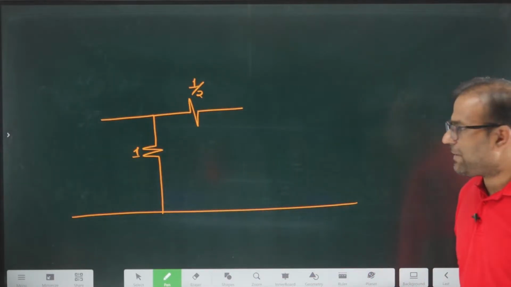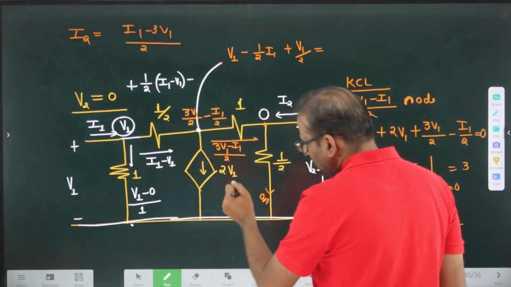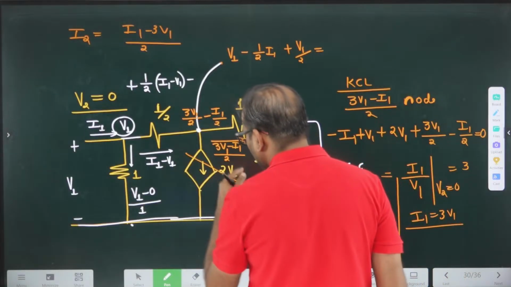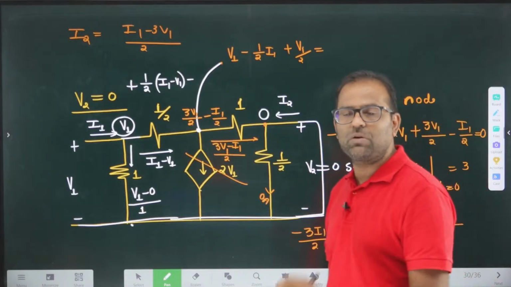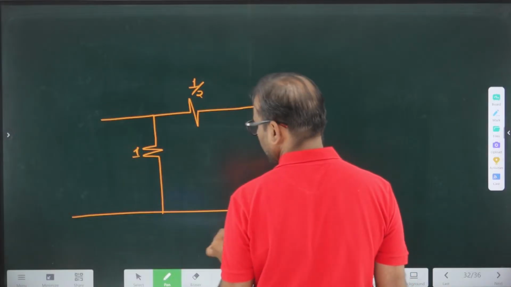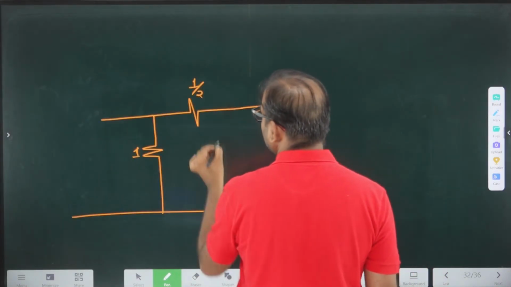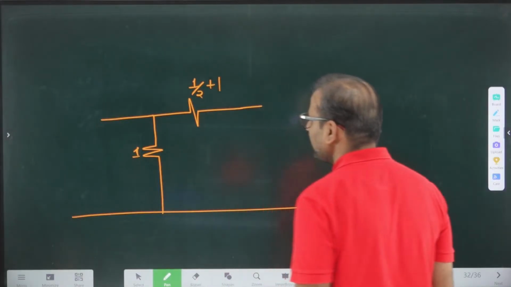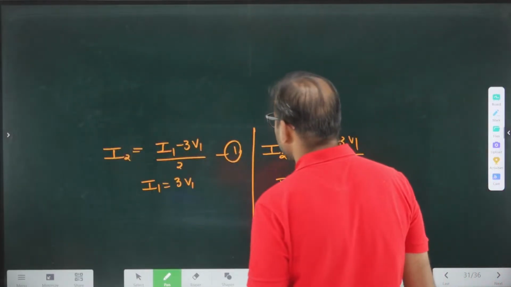One ohm, 1 by 2. If you are making V1 equal to 0, and this is a voltage dependent current source, I will make the current source equal to 0, and a current source equal to 0 is what? Open circuited. So you will replace your current source by open. So this 1 resistance will appear in series. So I will write 1 here. And what else are we having here? 1 by 2.